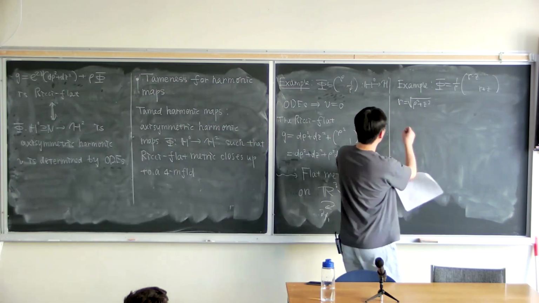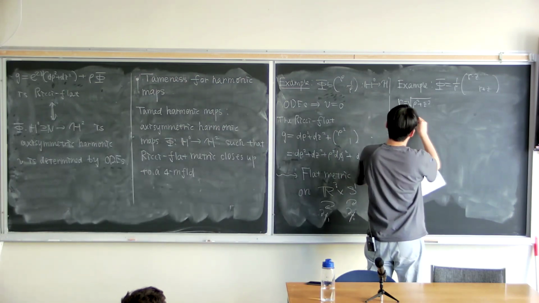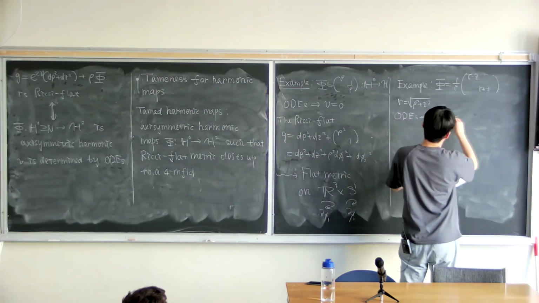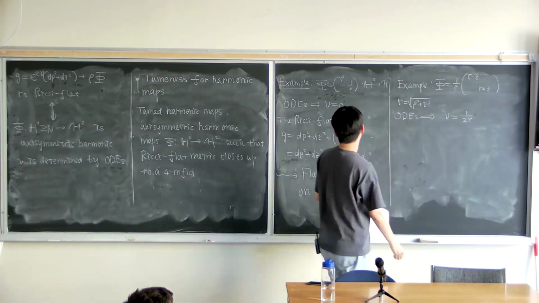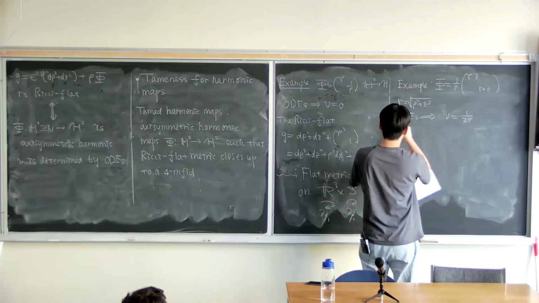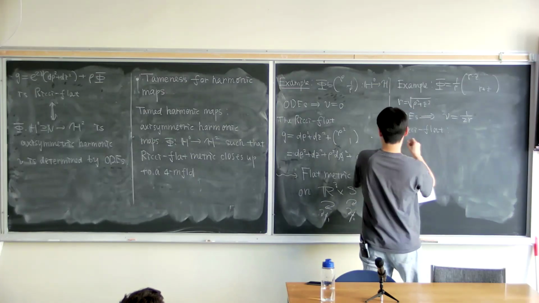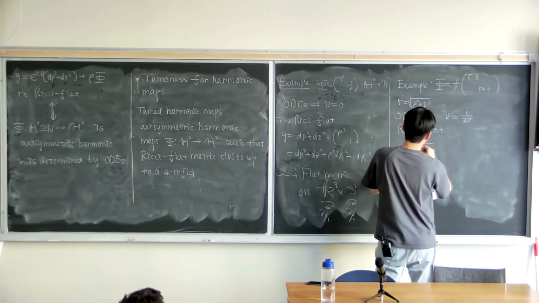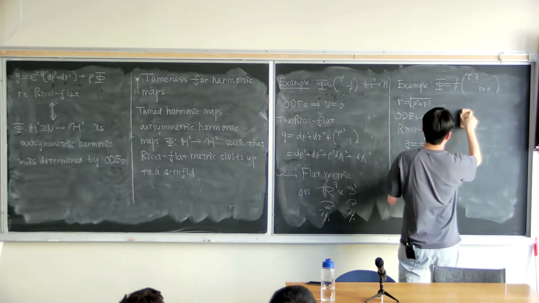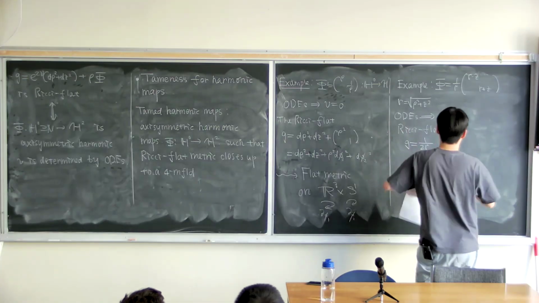And by ODE, you can solve that. You can find out that nu here is actually 1 over 2R. And the Ricci-flat metric you get here is G equals 1 over 2R. Oh, I'm sorry, I forgot the log. It should be log 1 over 2R.